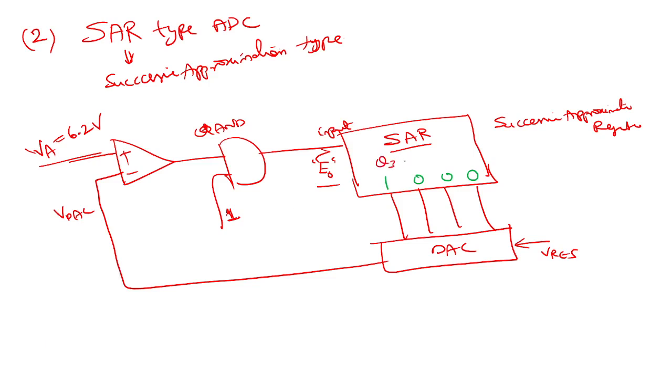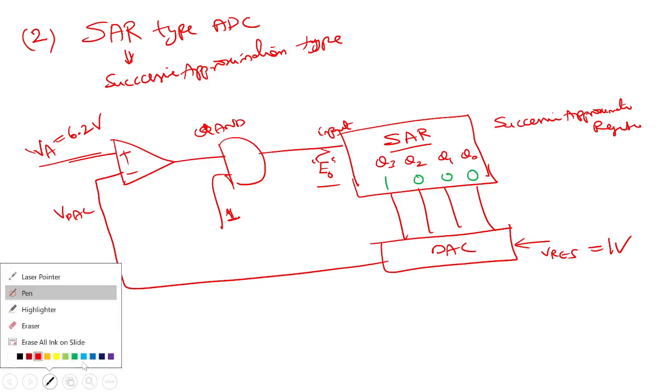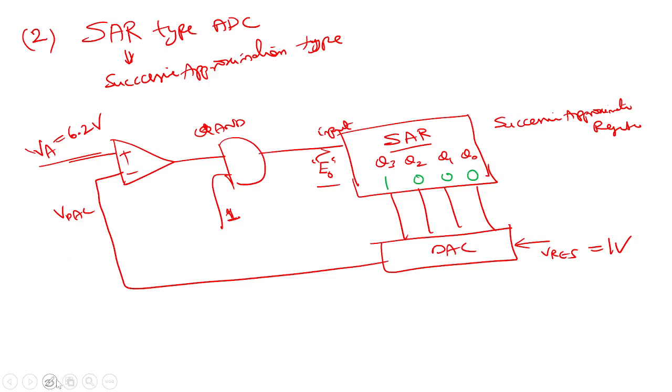Then this is Q3, Q2, Q1, Q0. I am assuming that V resolution is also 1, right? Now what is the initial state? Initial state is 1000. Let's see what will happen to the next state.